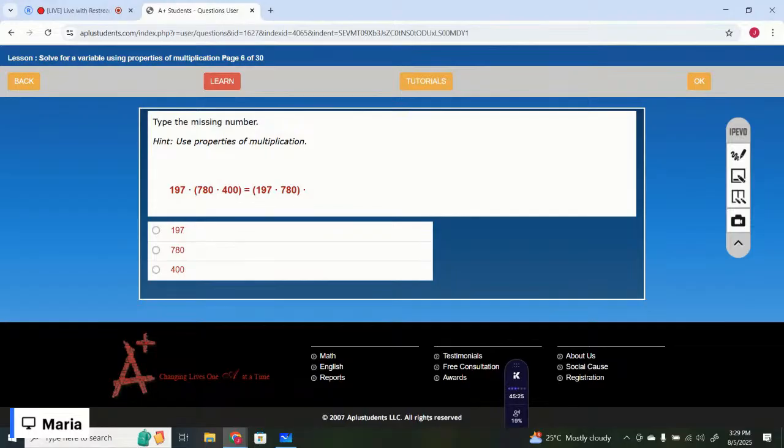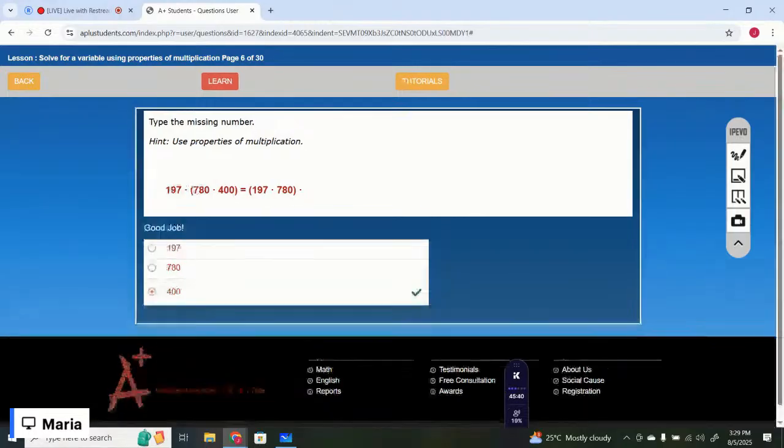Type the missing number: 197 times 780 times 400. So 197 times 780, the missing number is 400. Option 3 is the correct option.